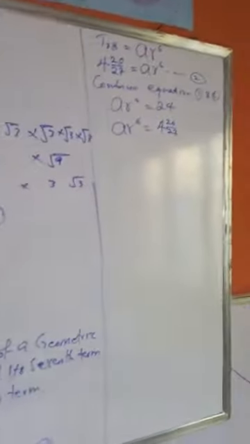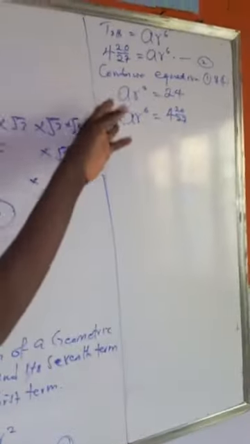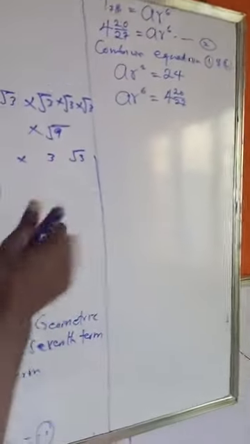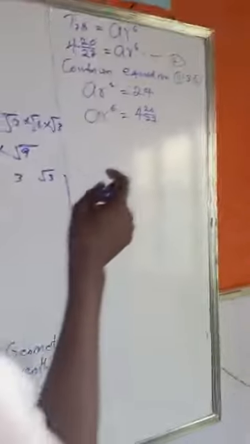So now, in this case, it's different from the normal simultaneous equation where we do addition and subtraction, because here there is multiplication. So we do the division, we divide equation 2 by 1.